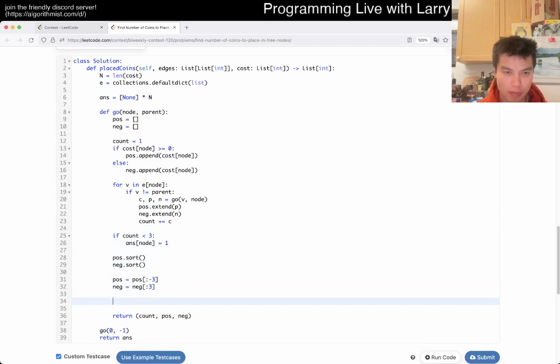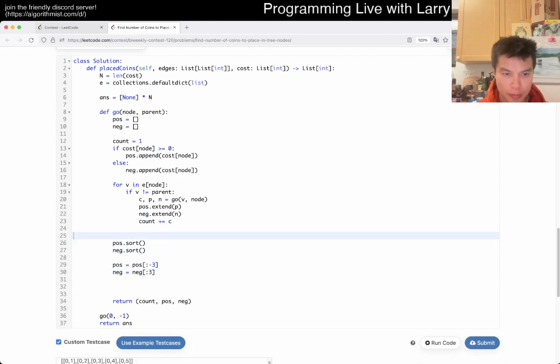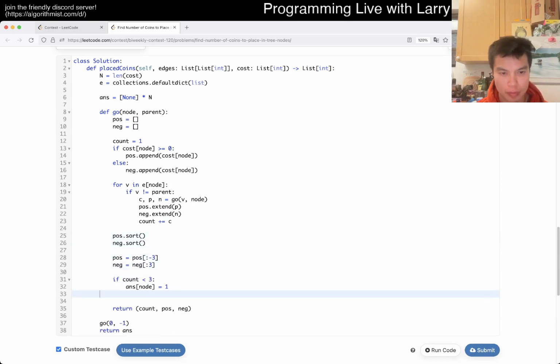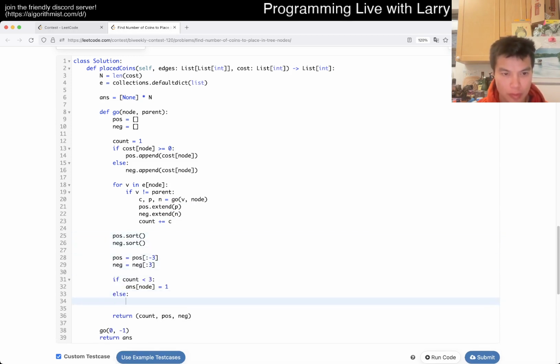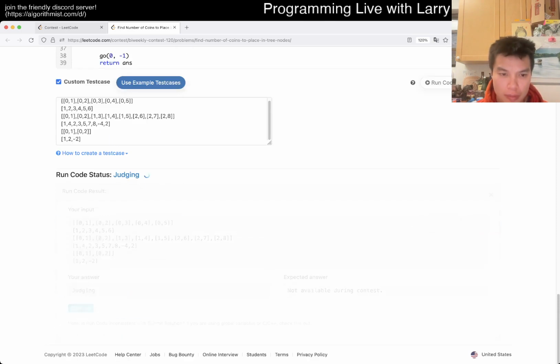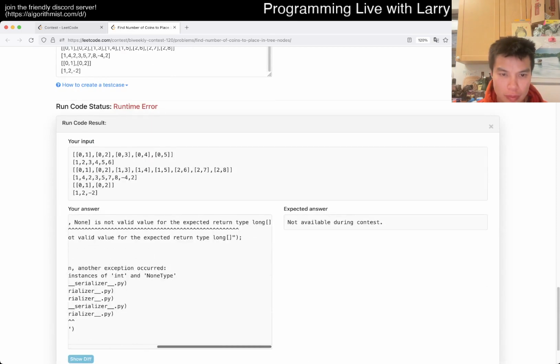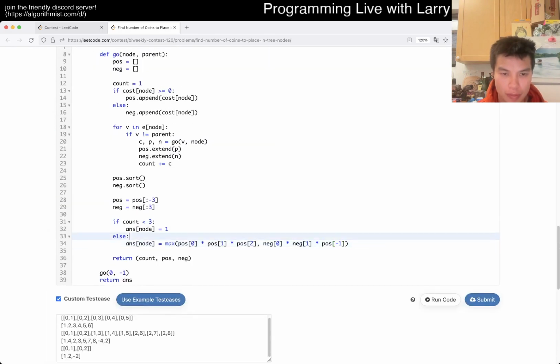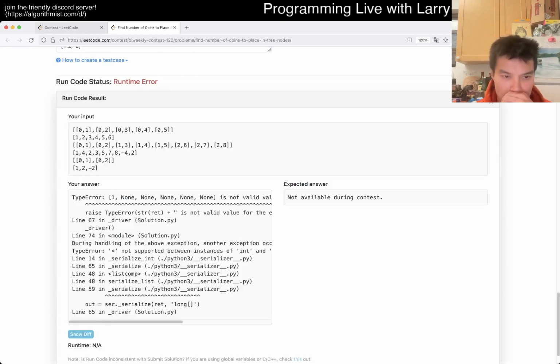Okay, and now. Well, that's not good, but not all these numbers. It may not have all these indexes.